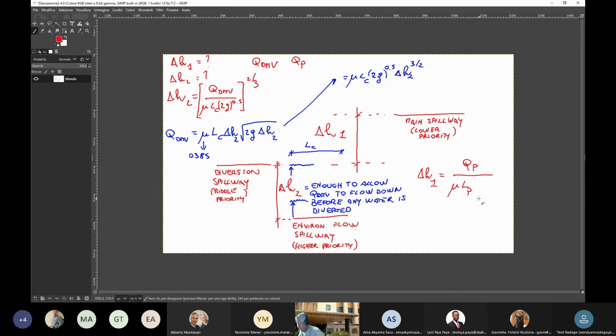What is LP? LP is the width of the diversion spillway, okay, and then I have (2g) to the power of 0.5, everything to the power of 2/3.